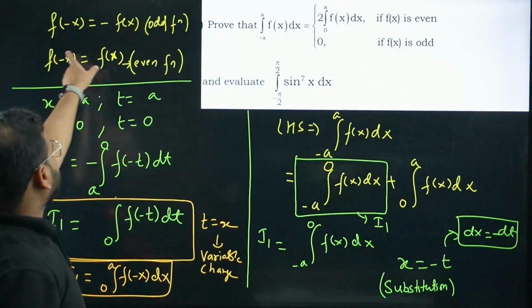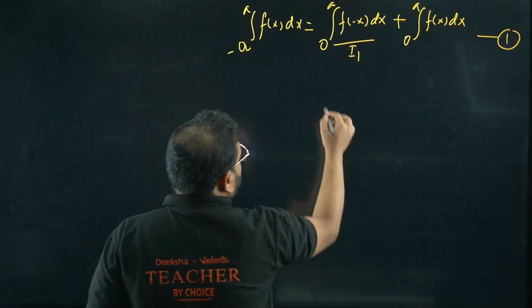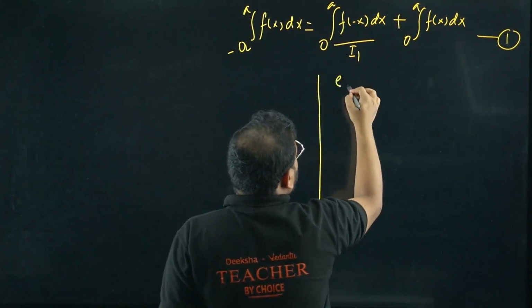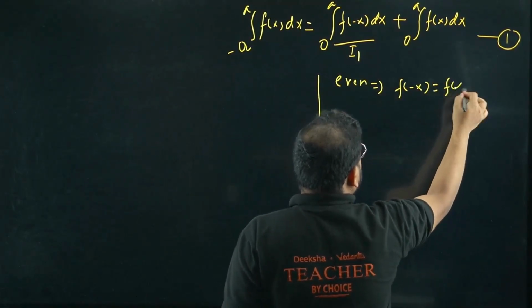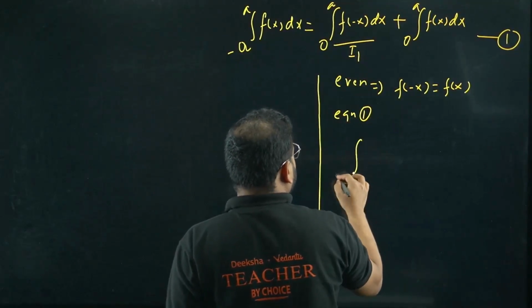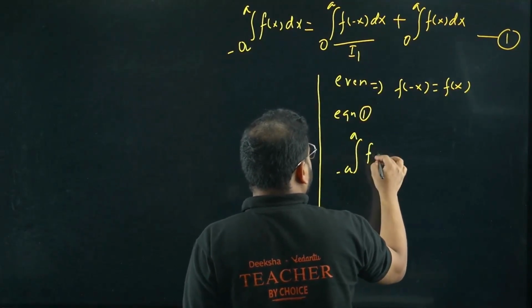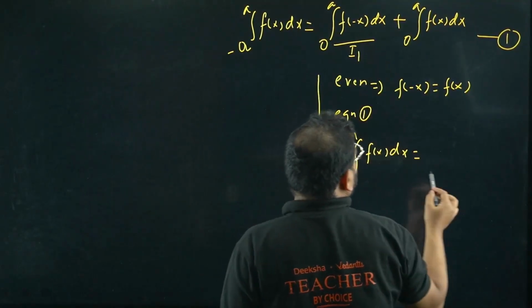For even function, what happens? For even function, we know f of minus x is simply f of x. So this equation 1 will become integral from minus a to a f of x dx will be equal to, please check, it will be simply plus fx only, no?